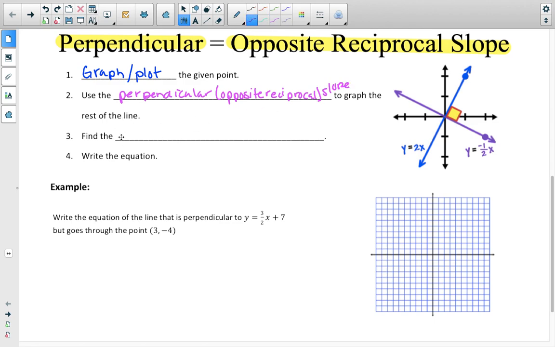We're then going to find the new y-intercept. And then we're going to write the equation, using the correct slope, making sure we know which slope we're going to use, and the new y-intercept.